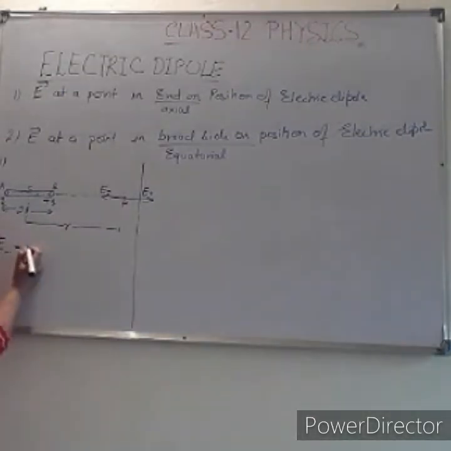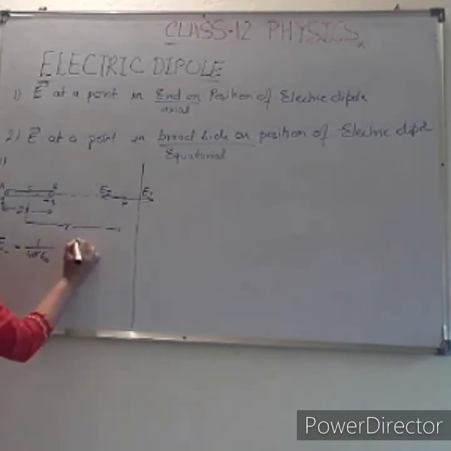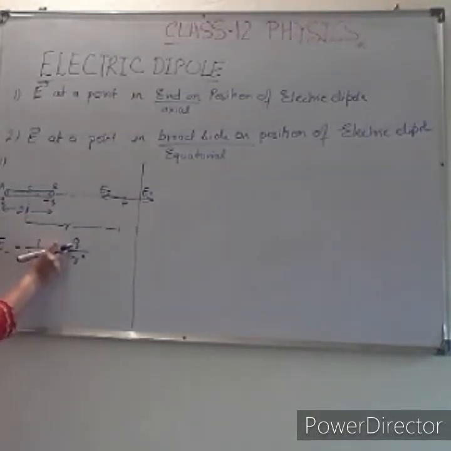So E minus is equal to, due to point charge system, you know the formula, 1 over 4 pi epsilon naught Q divided by R square. That is the formula. So in place of this R square, we will use the term on the basis of this figure. First of all, you will not use the sign of charges here, because electric field is a vector quantity. We take only the direction.